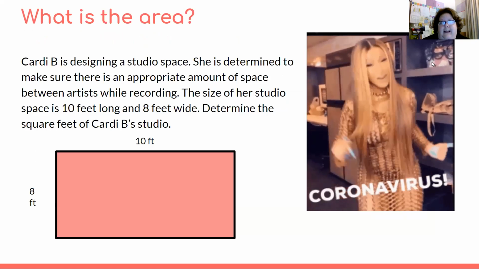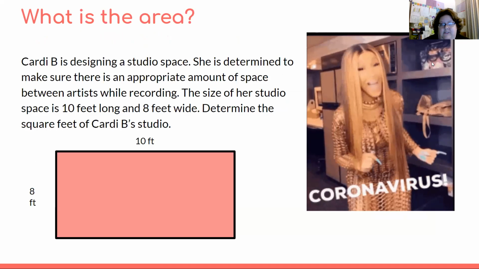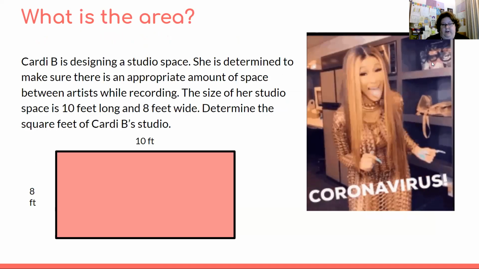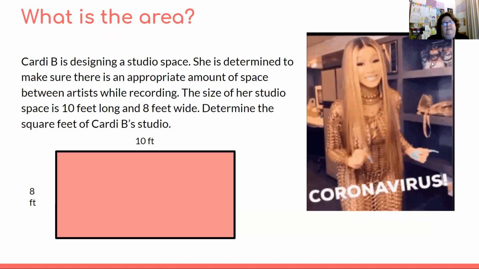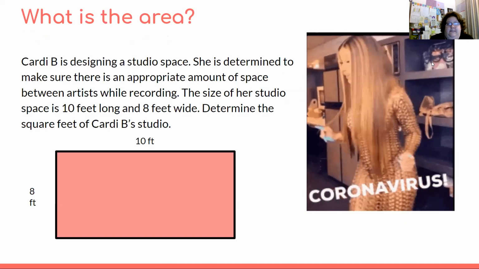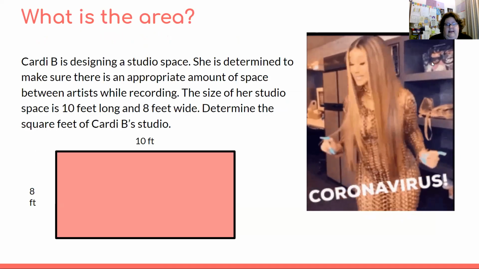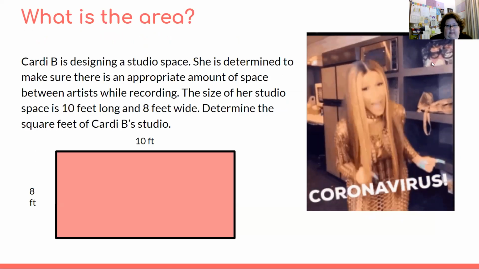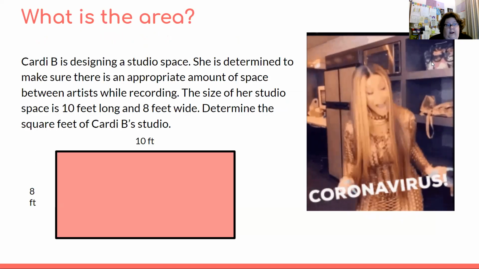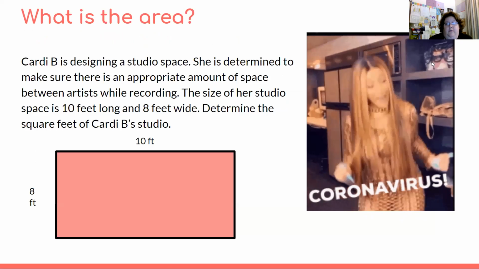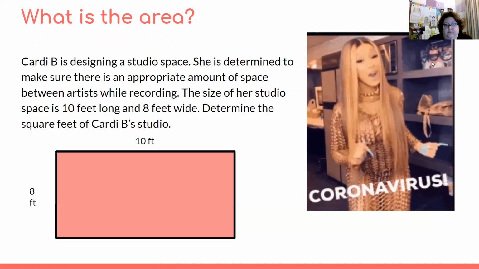Okay, let's try the area. Cardi B is designing a studio space, and she's determined to make sure there's an appropriate amount of space between her artists while they're recording. So the size of her studio space is 10 feet long and 8 feet wide. So let's determine the square feet of Cardi B's studio. Do y'all remember what we're going to do to figure this out?